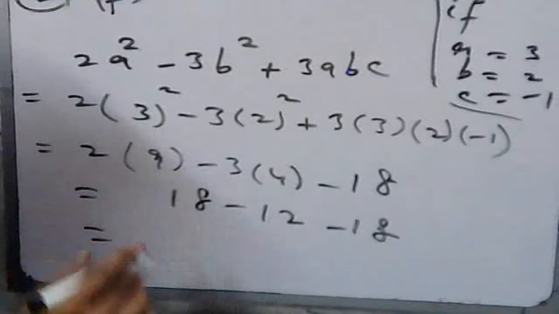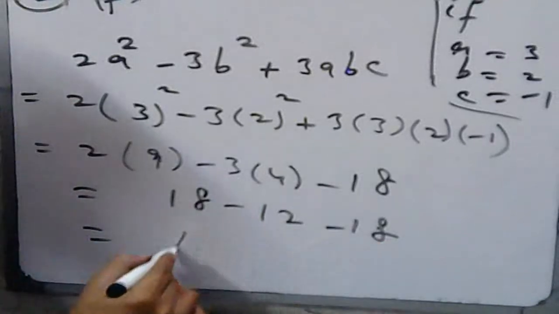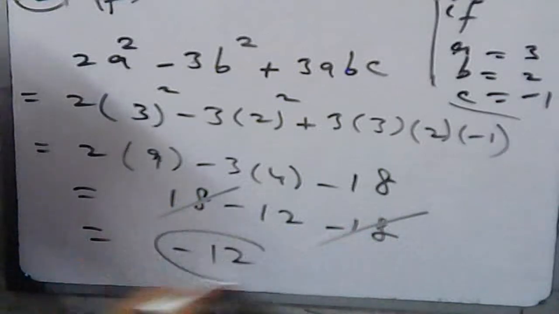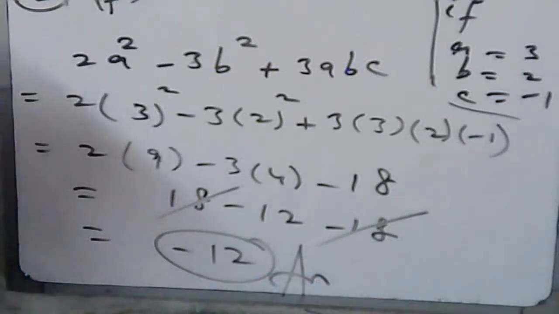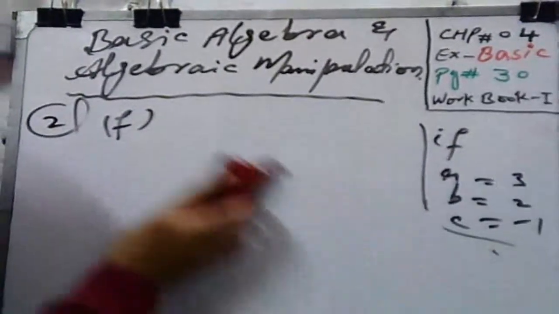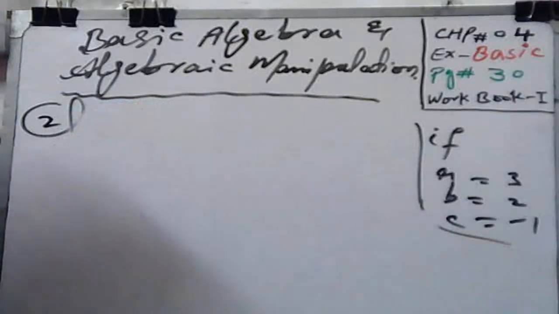Now in G part, a plus 3b whole square, whole cube.